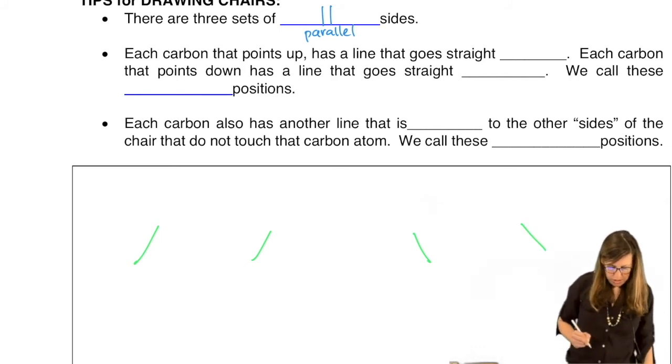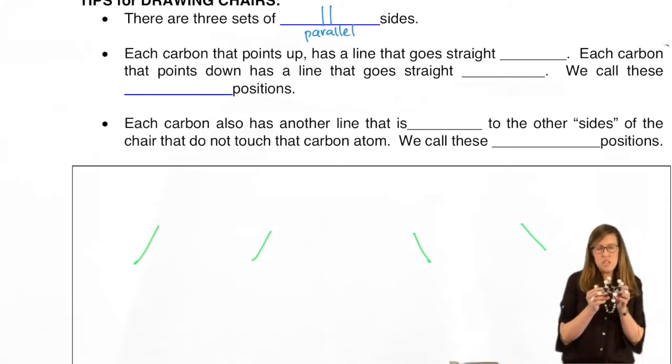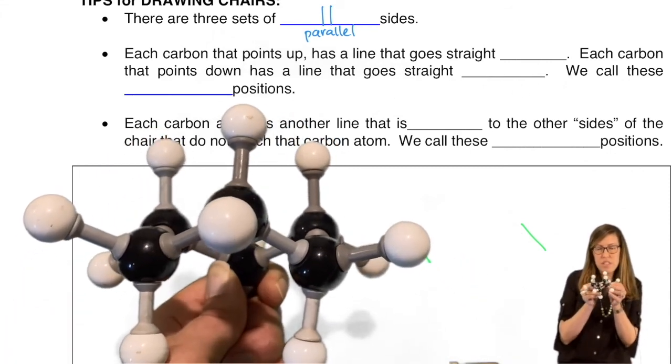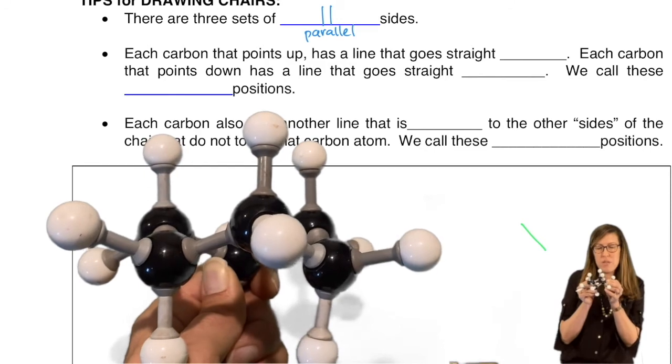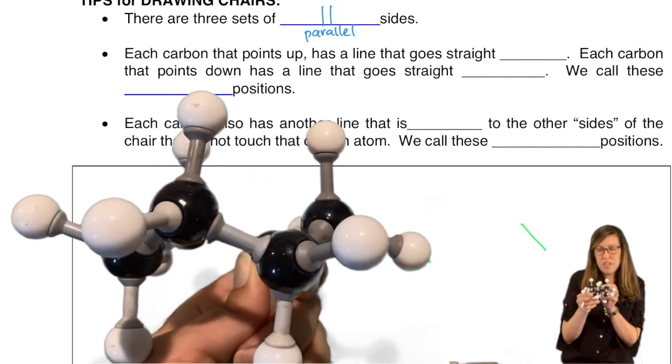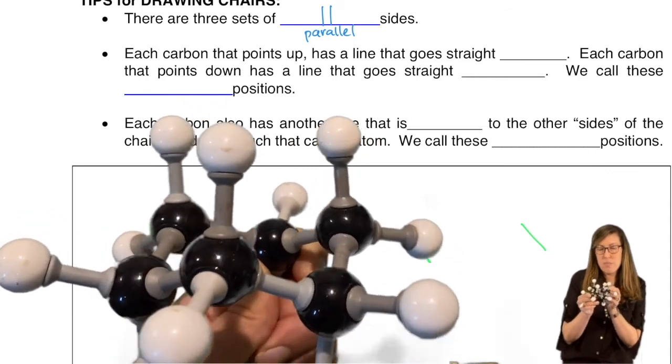Now if you look at your model, if we look at it head on, we can't really draw everything. So we tilt it to the side a little bit. When you tilt it to your right or to your left, you're going to see which way the front carbon needs to be.